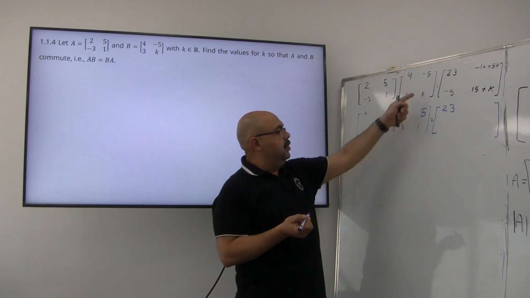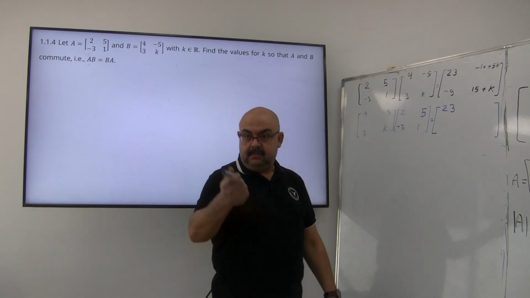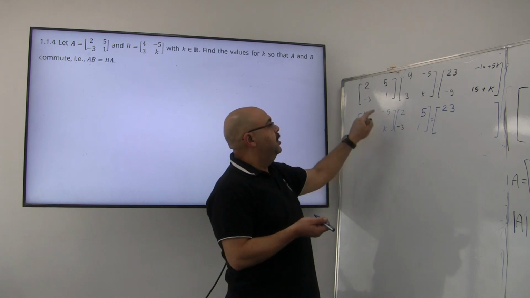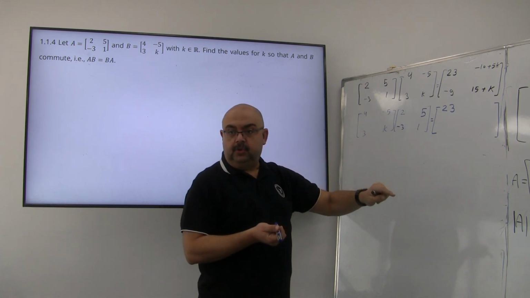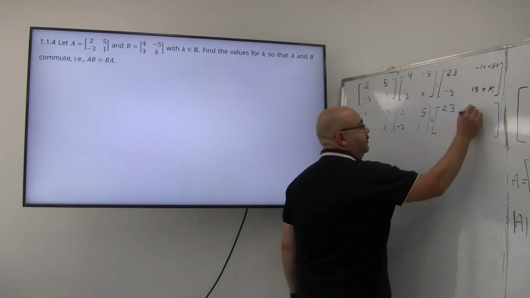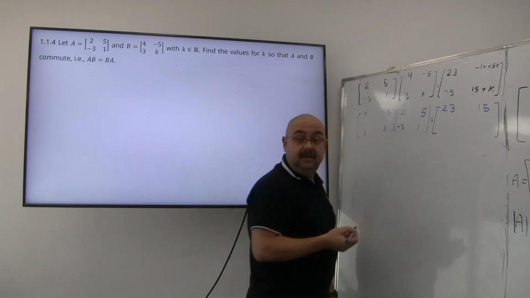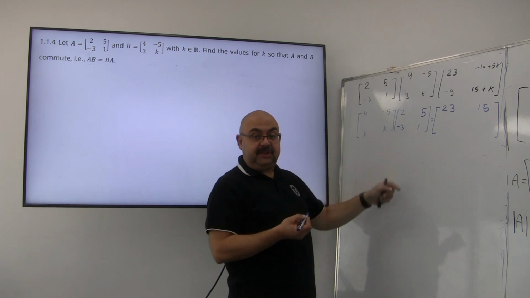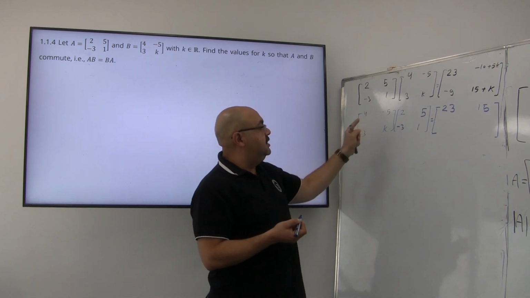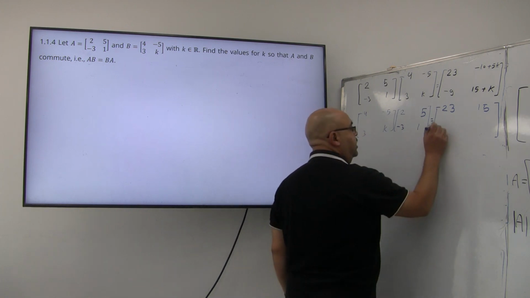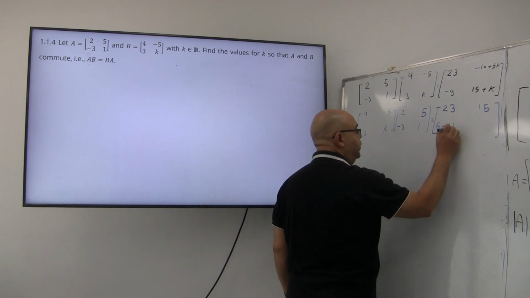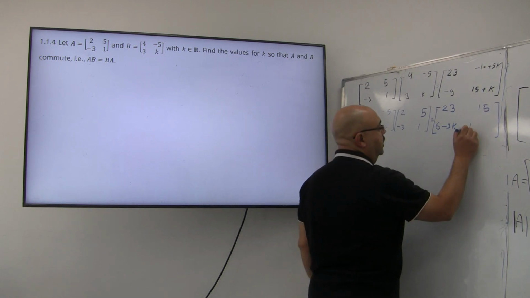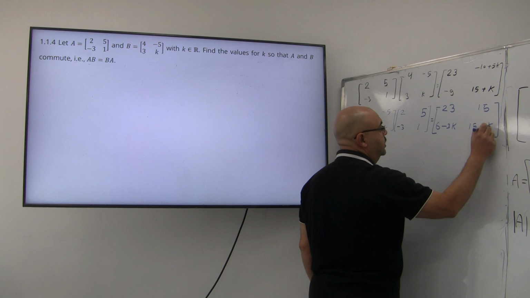The first row by the second column: 4 times 5 is 20, minus 5 times 1, so 15. The second row by the first column: 6 minus 3k. And the last one is 15 plus k.